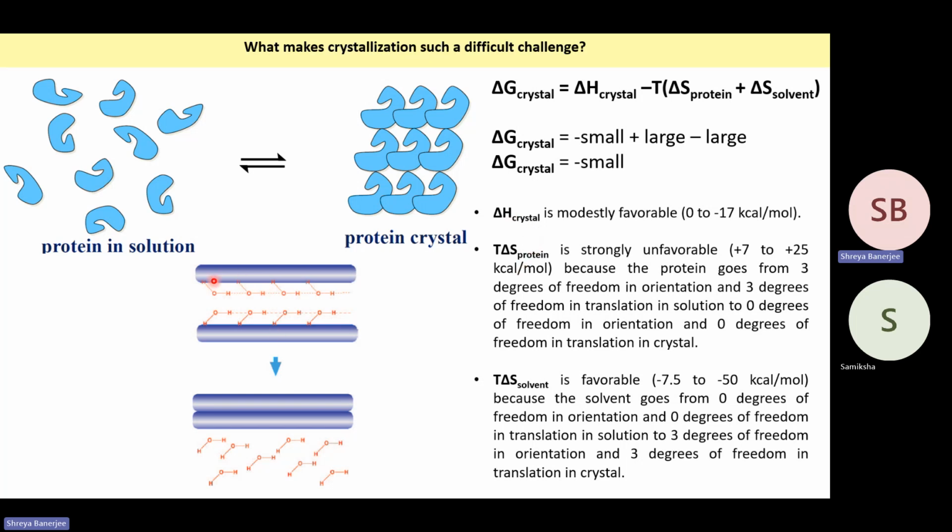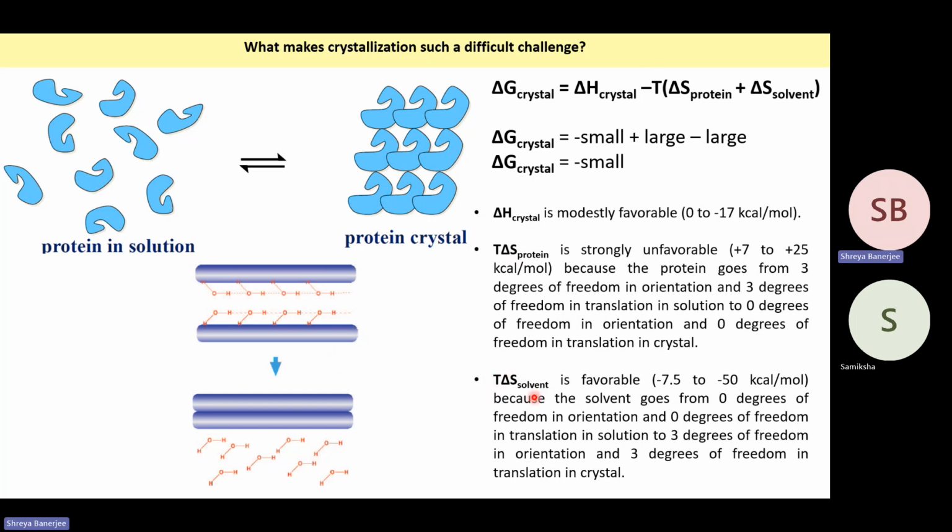Entropy is decreasing, right? Because earlier there were two protein molecules and now there is one aggregate. So the entropy of the protein is decreasing, so delta S is negative, and so minus T delta S is positive. So the T delta S protein term is unfavorable because the entropy of the protein is decreasing.